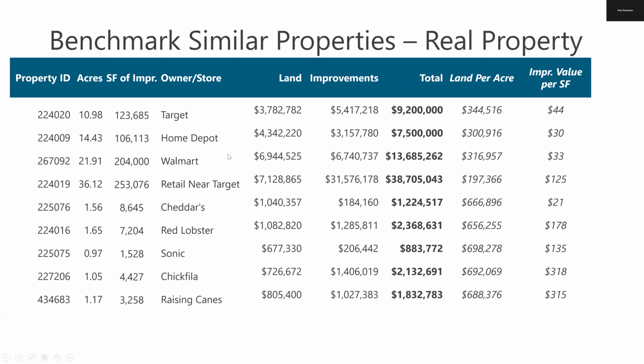In my case, I had all different types in my mixed use project in Sherman. We had anchors like big box retailers, and then we also had some quick service and some full service dining. This is just a small portion of the table.